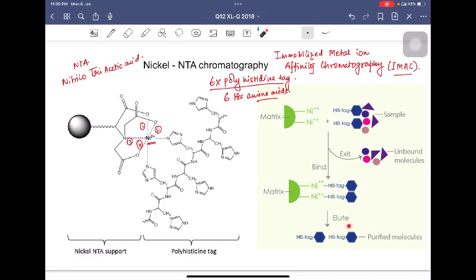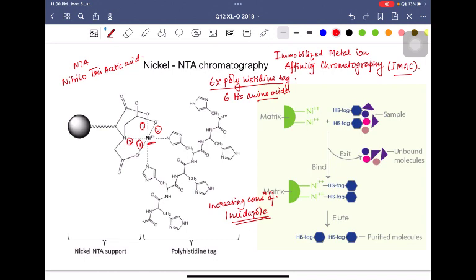So these proteins, which have this histidine tag, are now purified. For elution in nickel NTA chromatography, we use increasing concentration of imidazole.